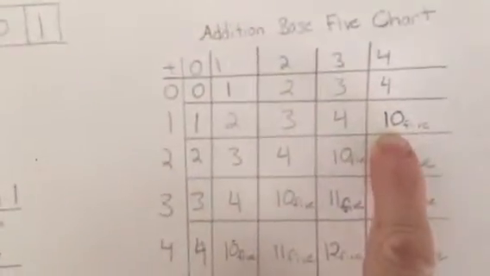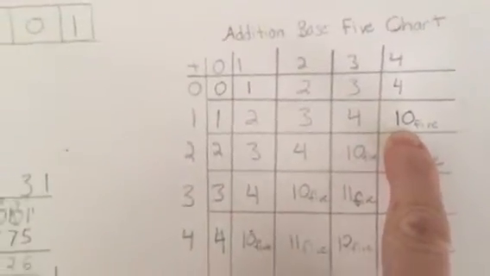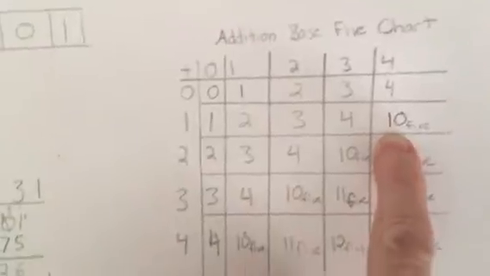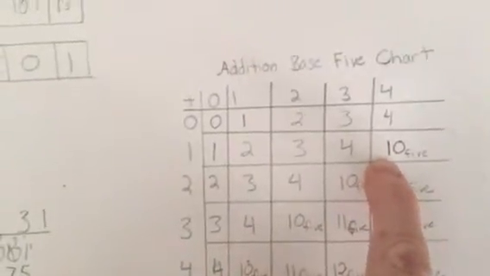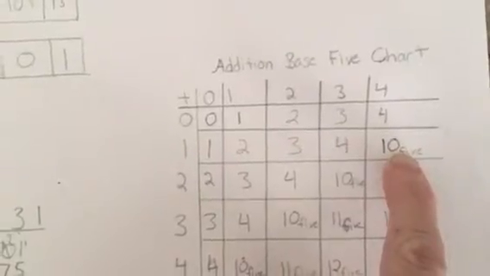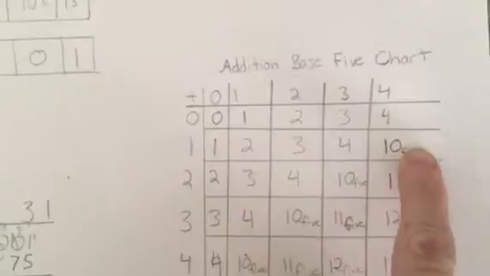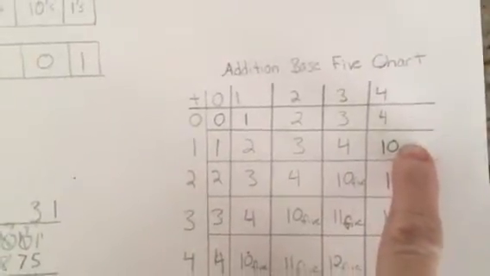In base 10 you would write the number 5, but in base 5 you write that you have 1 set of 5s and 0 ones. And then you write base 5, so we know it's base 5 and not the number 10.